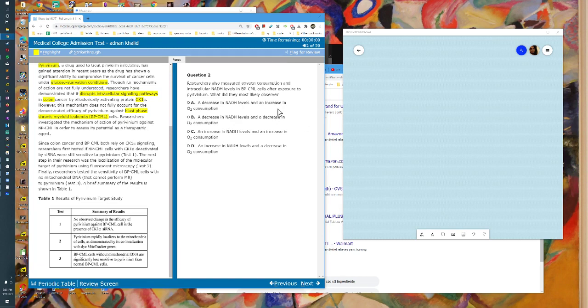First of all, it's definitely going to be a decrease in O2 consumption. And as for NADH, it is basically an electron transporter, I believe.